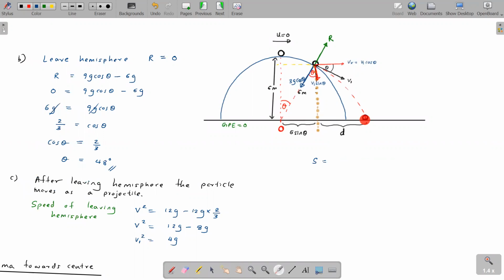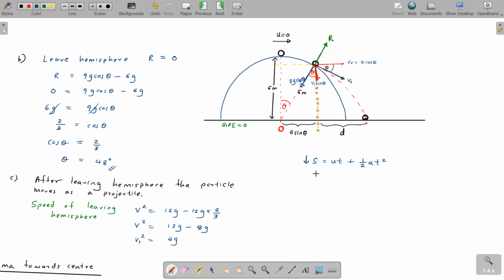The speed of hitting the ground is unknown, and the two components are also unknown. So it's best that you go with the equation that doesn't involve V. The only equation that doesn't involve V is s equals ut plus half at squared.